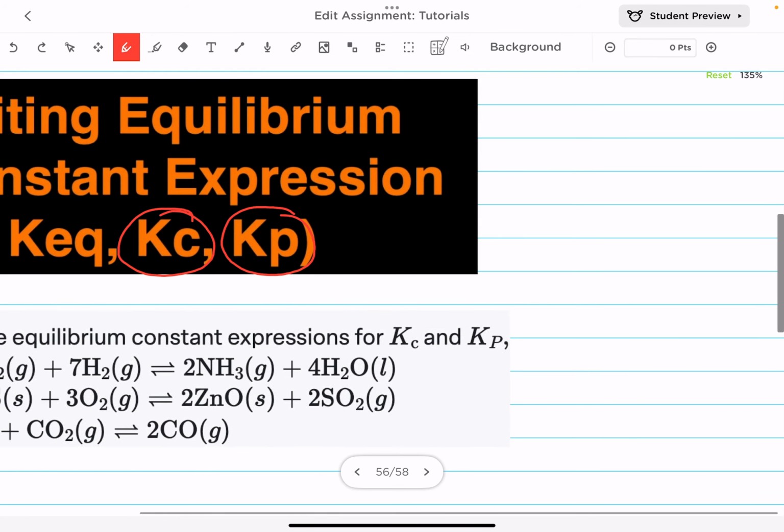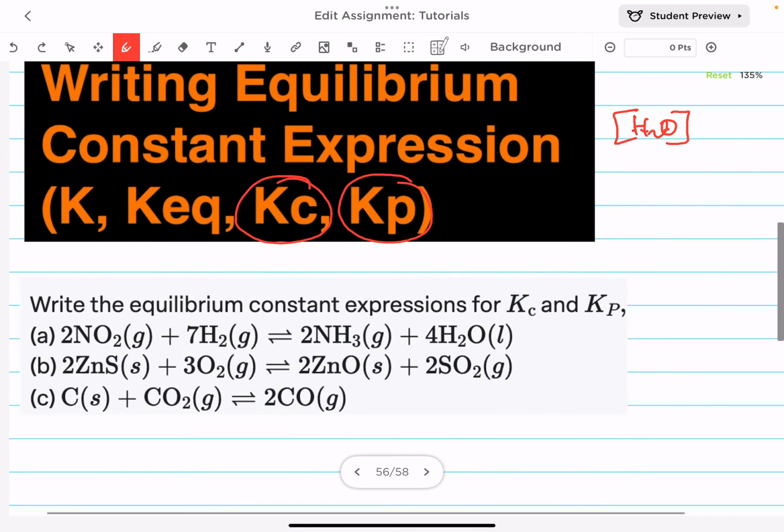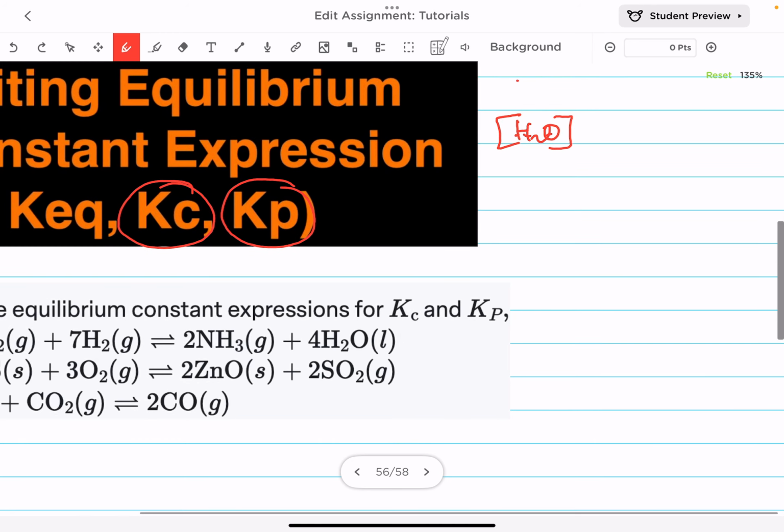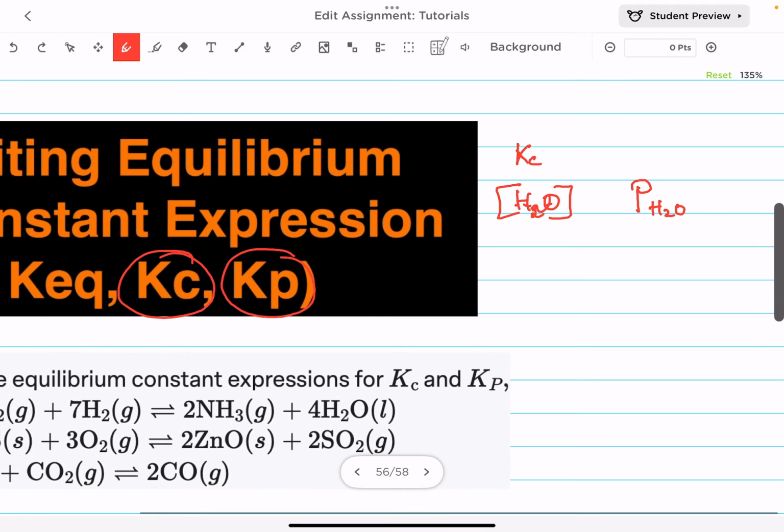A concentration is symbolized by the brackets, and you write the formula inside. Whereas when they say Kp, the question is asking you to write the equilibrium constant expression for pressure. P stands for pressure. So at this point, you cannot put the formula in brackets. You will have to write pressure of that formula.